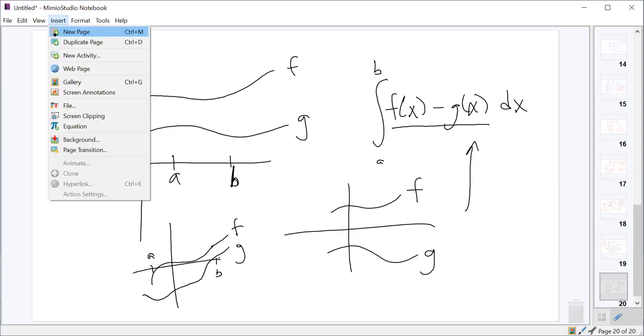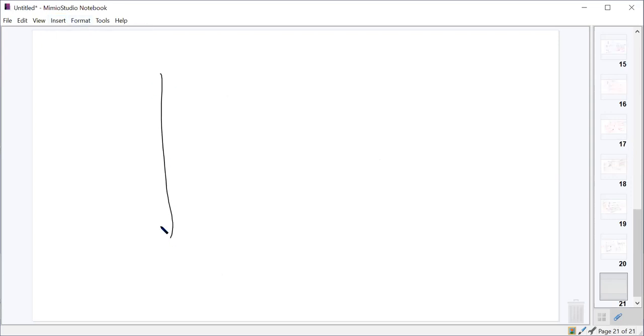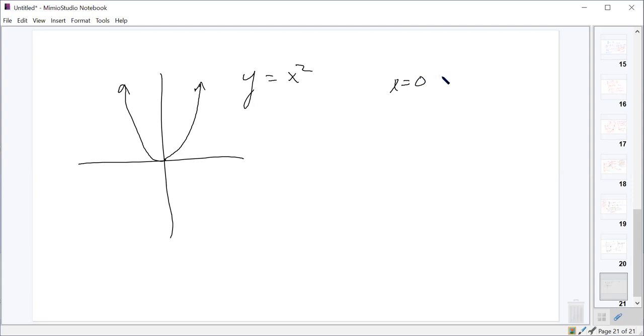We can also find our area by integrating in terms of y. So if I gave you, let's say, y equals x squared, and we said from x equals 0 to x equals 2, so it's 2 here, but we were actually looking for this area, right?